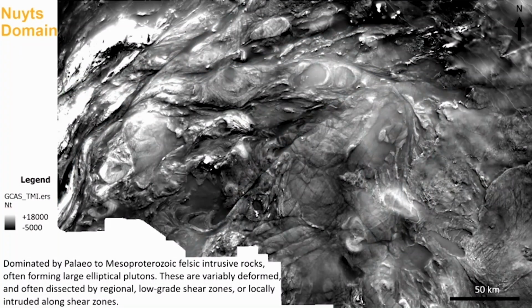The Nuyts Domain is dominated by Paleo to Mesoproterozoic felsic intrusive rocks, often forming large elliptical plutons, as you can make out on the aeromagnetic imagery. These are variably deformed. They're often dissected by regional low-grade shear zones or locally intruded along the shear zones.